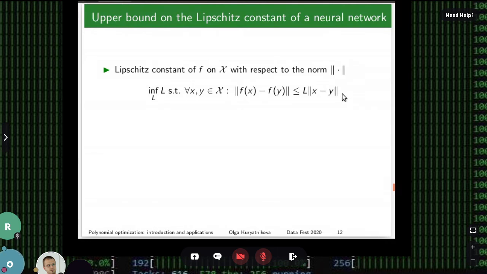In optimization, if this L is finite, so if we minimize and we really can find such an L, then the function f is called Lipschitz continuous. And Lipschitz continuity is frequently used in optimization as a stronger type of continuity, which also involves a certain kind of boundedness.